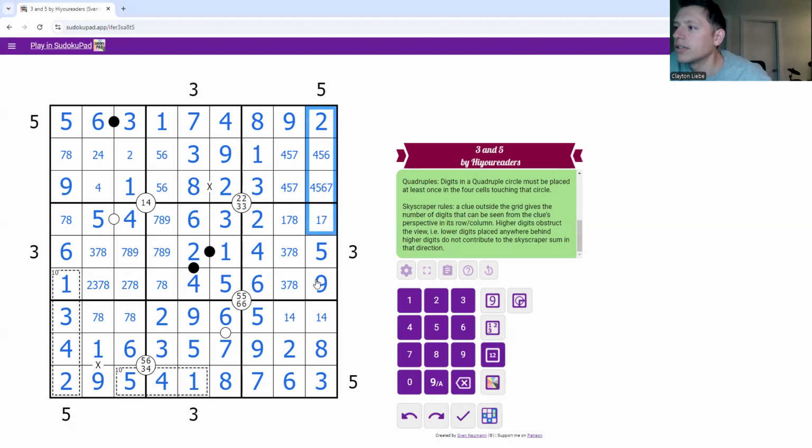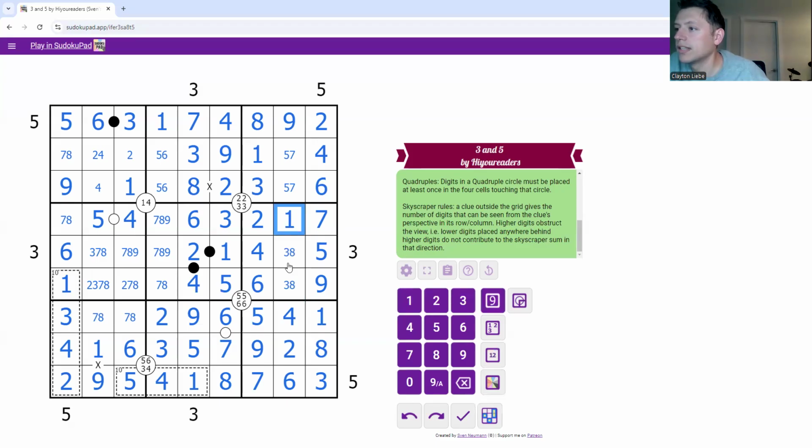2, 5, 6, 7, 9. Oh, none of these are 5. 4, 6, 7. Yeah. 2, 4, 6, 7, 9. Yeah, this is a 1. This is a 4. This is 4, 6, 7, 9. This is a 5, 7 pair now. This is no longer 7.